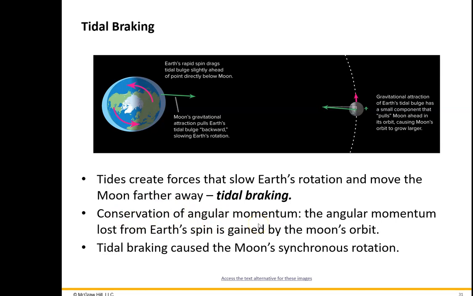I'll briefly go over that because it's something that we're going to encounter again when we talk about the rotation of other planets. But the conservation of angular momentum is actually a fairly simple idea. When something is spinning, to get something spinning or to slow something's spinning rate down requires what's called torque.